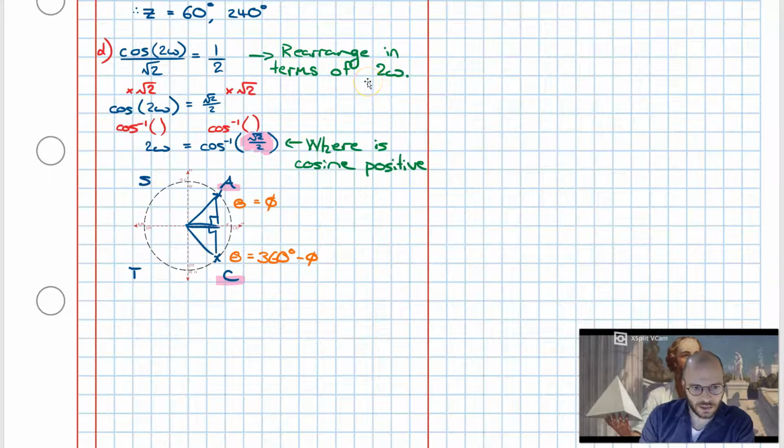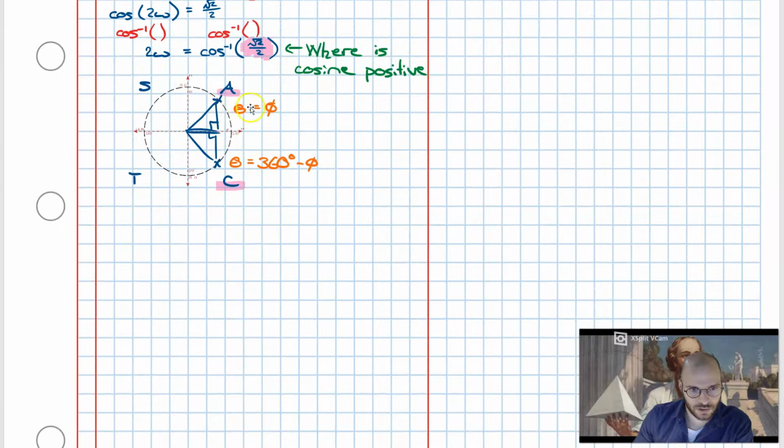And now we're going to calculate the interior angle, which will also happen to be the first solution to this particular problem. To do that, 2w is going to equal the inverse cosine of root 2 over 2.